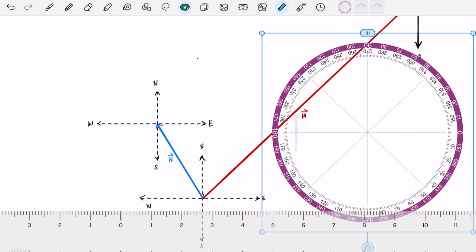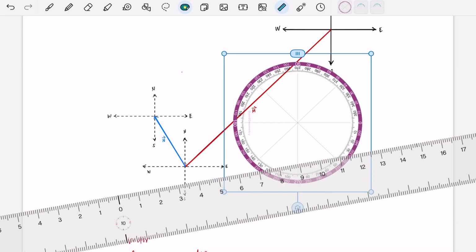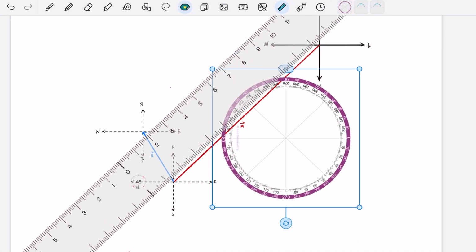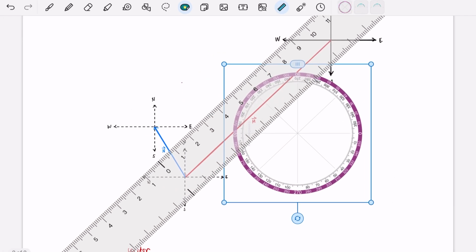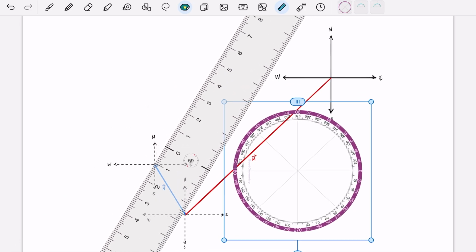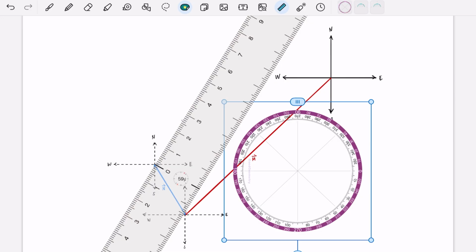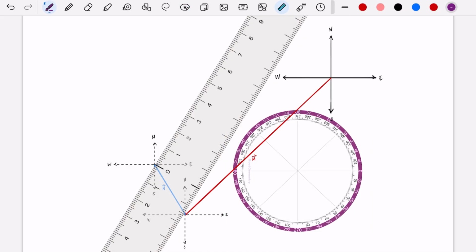Okay, so we're going to represent the third vector, and as we have seen earlier, it's just 6 centimeters because of the scale that we use. The line that we draw should pass through the origin of our axis, and it must also pass through the point which denotes our direction. So right here, where is it? Okay, 0 is right here, and it passes through that point.